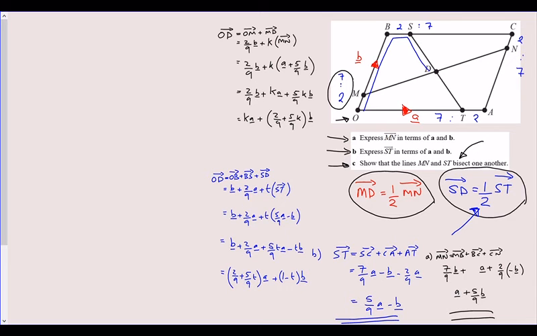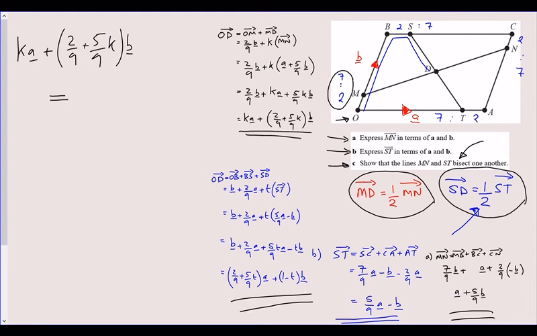Okay, so I'm going to take this vector here. So I've got Ka plus 2 over 9 plus 5 over 9 Kb, and that's going to be equal to this vector here.